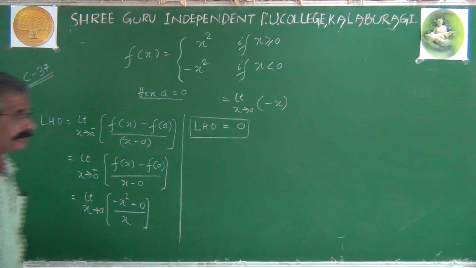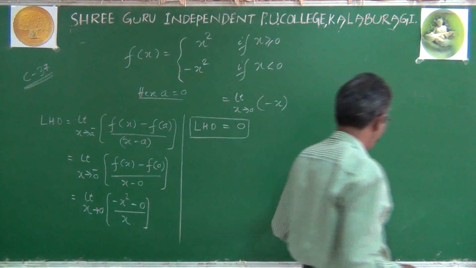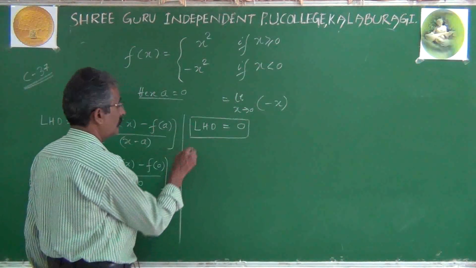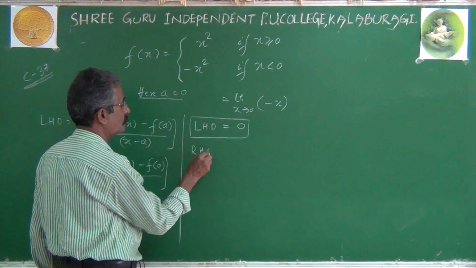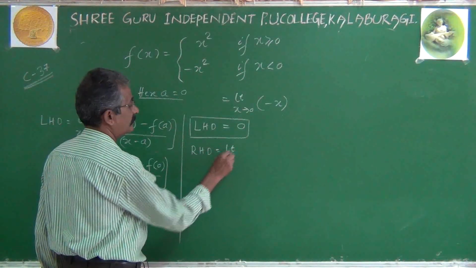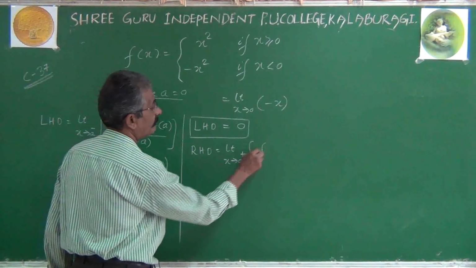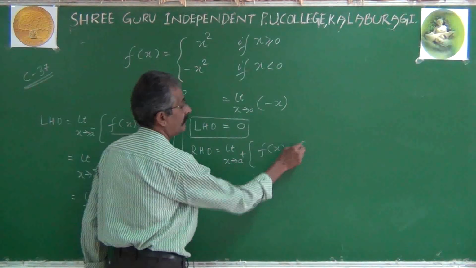We now also estimate the right-hand derivative. Right-hand derivative equals the limit as x tends to a plus of f of x minus f of a divided by x minus a.